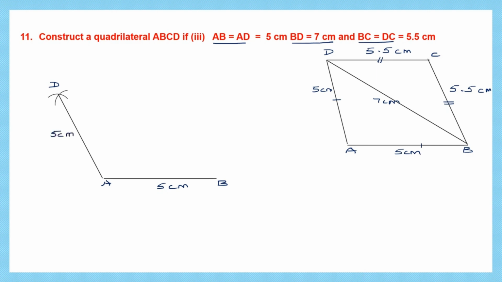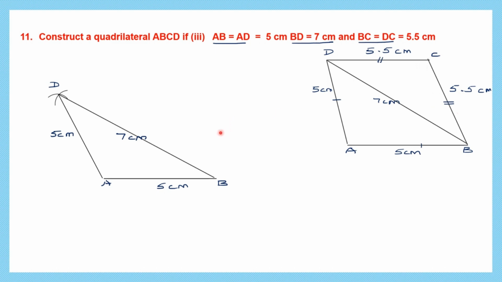And we can also join B and D. As shown in the rough figure, BD is the diagonal. So let's join that. We've joined BD and that is 7 centimeters. Now we can go on to BC, which is 5.5 centimeters.